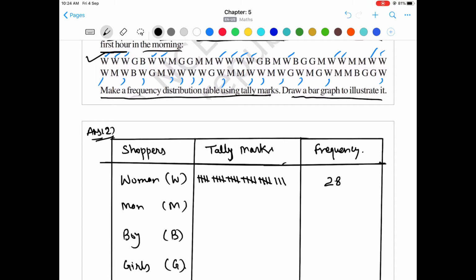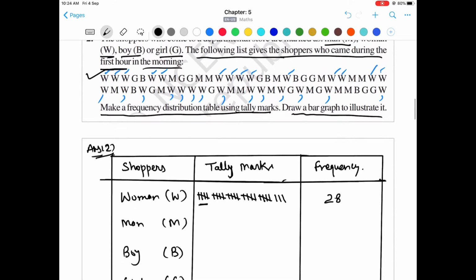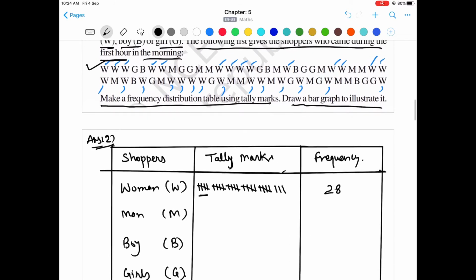Okay, like I have told you in the previous session how to mark this tally mark. We'll draw the first 4 lines, and the 5th one will be cutting all 4. Okay, then we move to the next the same way. So the number of women visiting the department store in the first hour is 28. Now let's count the number of men.